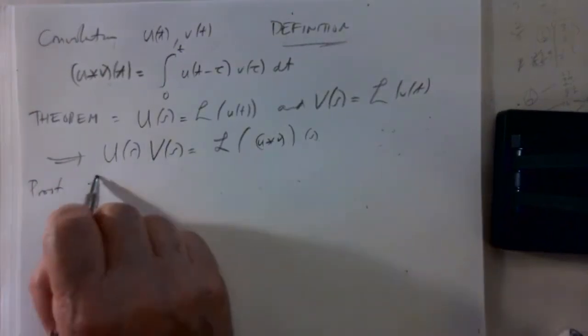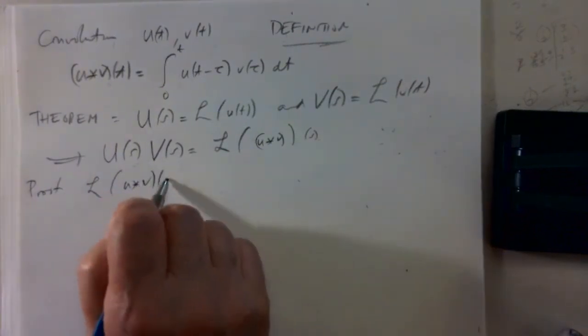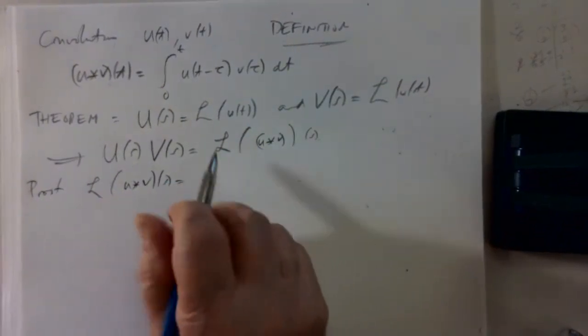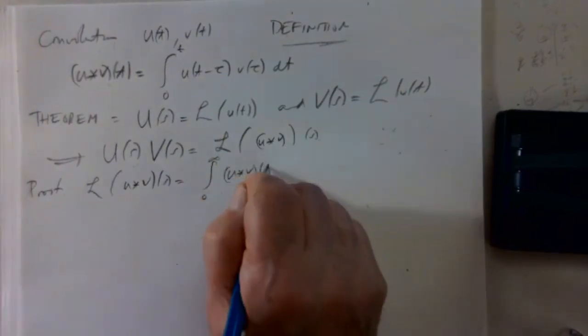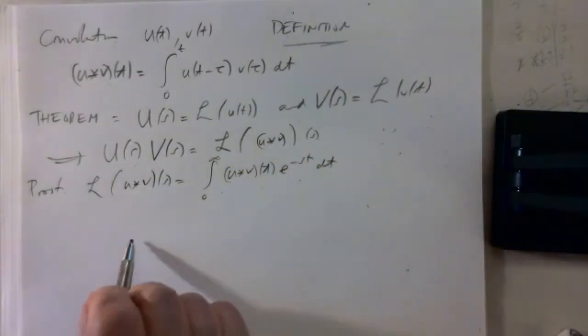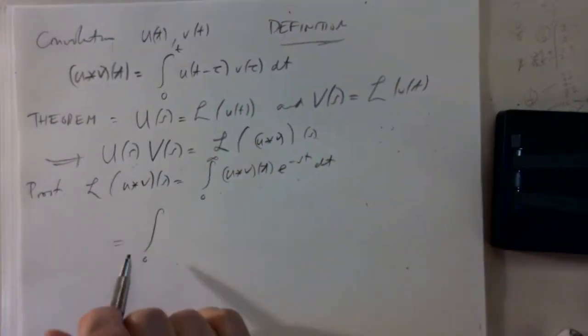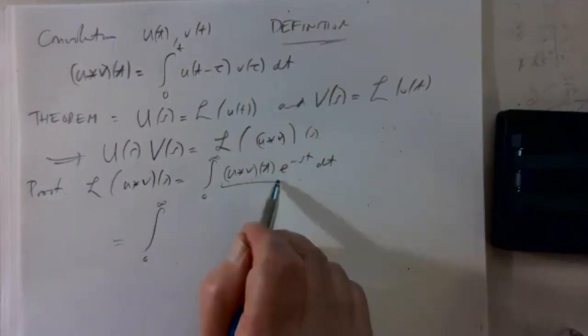Suppose I want to calculate the Laplace transform of u convolution v at s. This is the integral from 0 to infinity, u convolution v of t e to the minus st dt. This is the integral from 0 to infinity. What is this convolution?